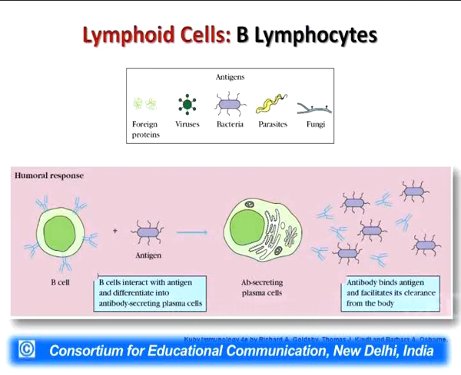These plasma cells start secreting antibodies which go and recognize these antigens, and subsequently they facilitate the clearance of these antigens or pathogens from our body. So this is how the B lymphocytes function in clearing the pathogens from our body.